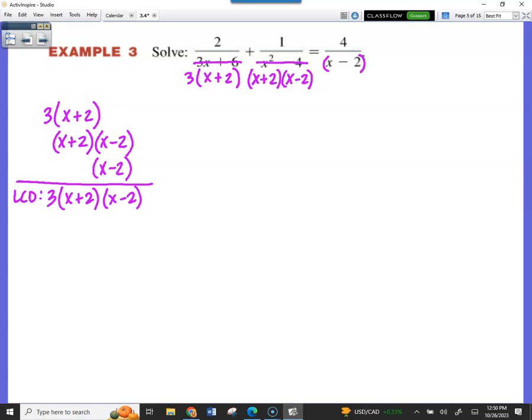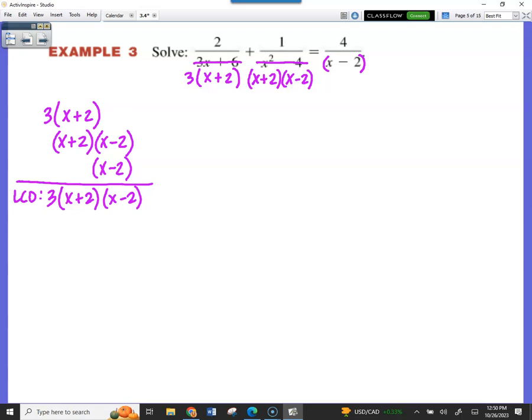Alright, so we're going to multiply that entire equation by 3, x plus 2, x minus 2. I'm going to show my work so that you know where my line is, because if I go straight to it, I could sit here and do it in my head, but then you're going to be like, how did you get that? So I'm going to show my work on one line. I would encourage you to write it, and then you can decide if you want to show your work when you go to the practice problems.